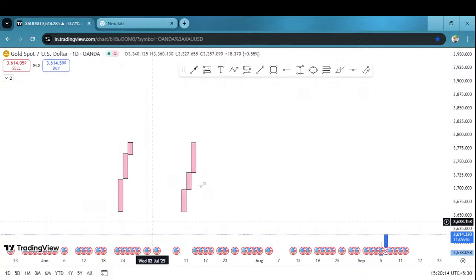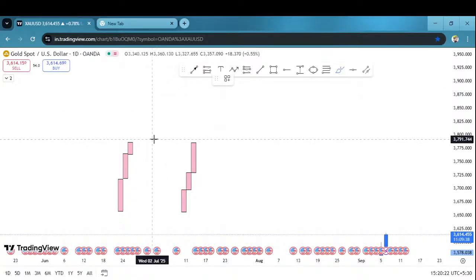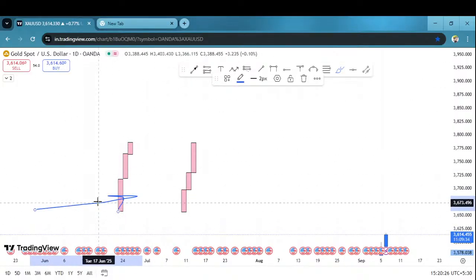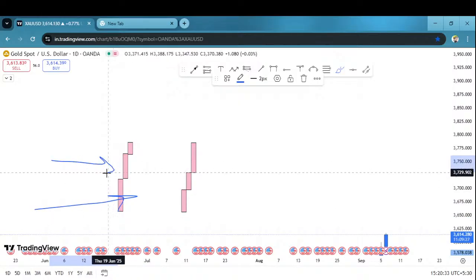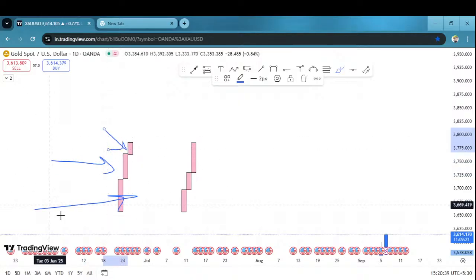So what is the difference in these two structures? If you check out the first structure here, for the first candle the volume was way too high in the buy direction, and again the same with the second candle. But if you look at the third candle, the volume is a bit low compared to the previous two candles.